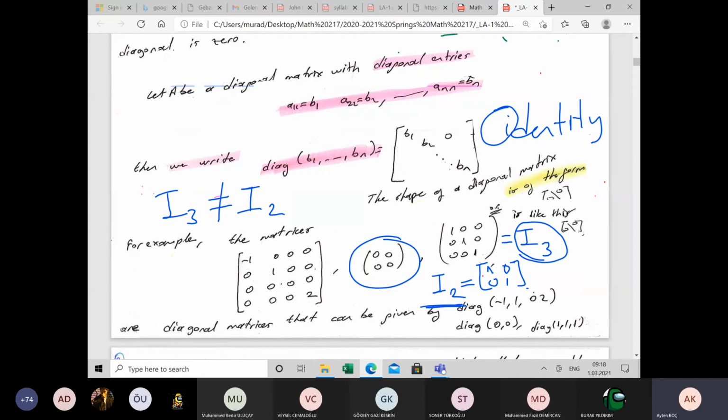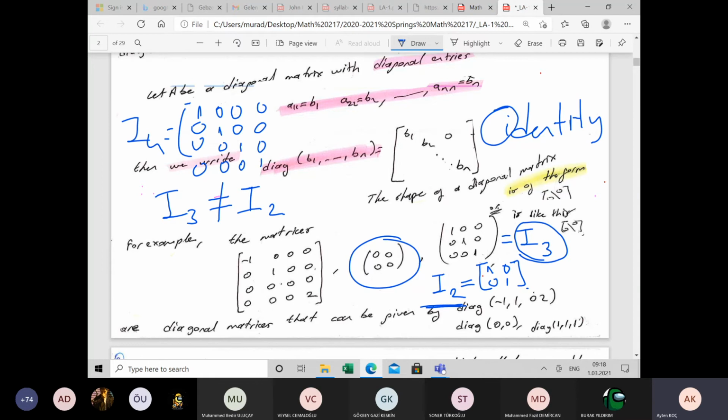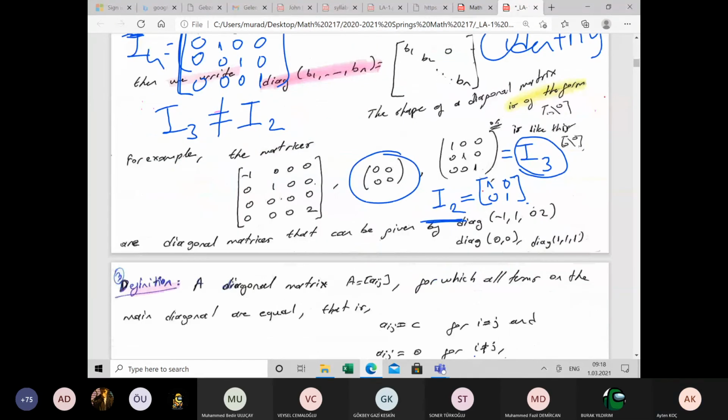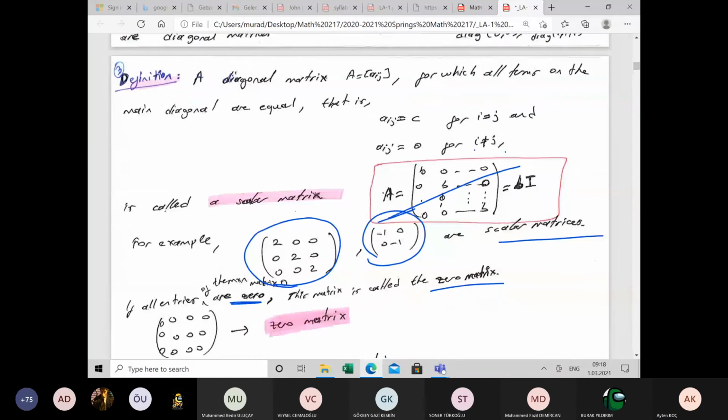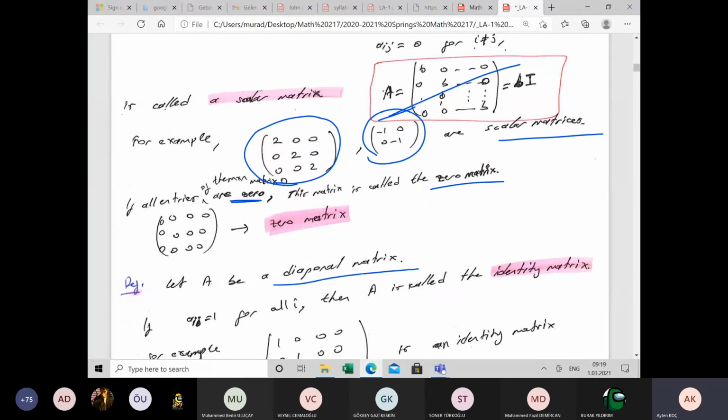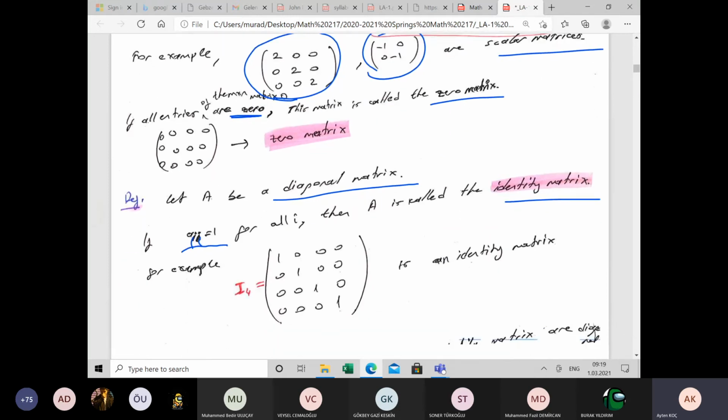For example, I sub 4: 1, 0, 0, 0, 0, 1, 0, 0, and so on. This matrix is another identity matrix, I sub 4. It is a diagonal matrix, the identity matrix, where the entries a sub ii should be 1.